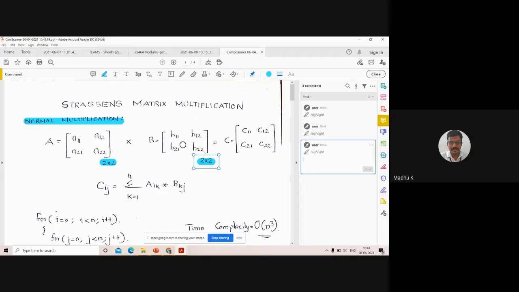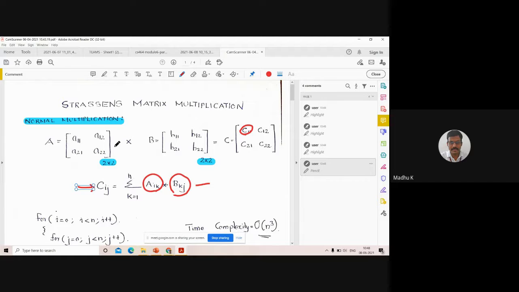Then we will perform multiplication using this equation: Cij is equal to sigma k equal to 1 to 2 of aik into bkj. Then you will get these elements c11, c12, c21, c22.